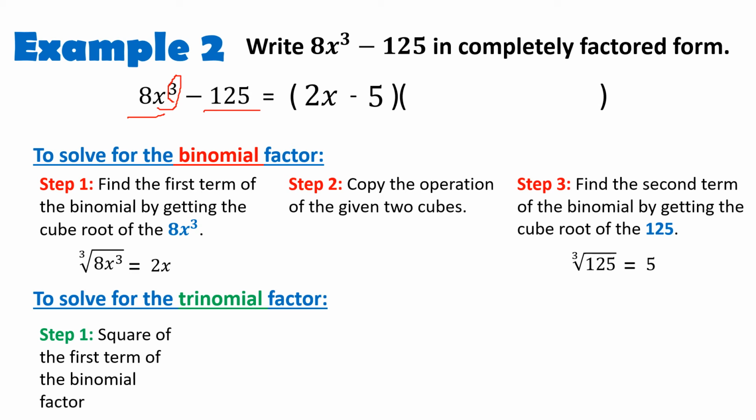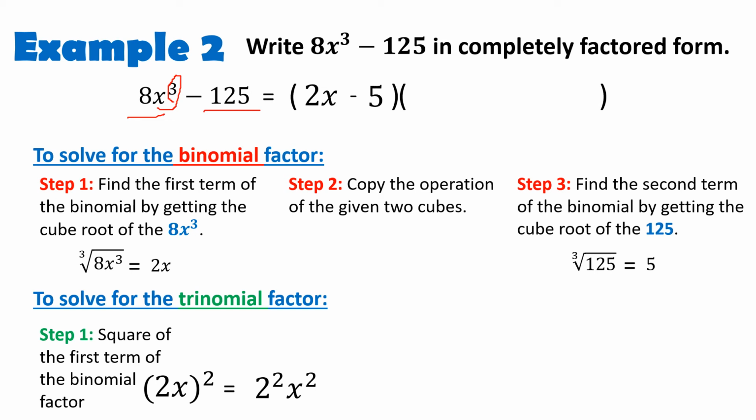Step 1. Square the first term of the binomial factor. So what is the square of 2x? That is equal to 2 raised to 2 and x raised to 2.